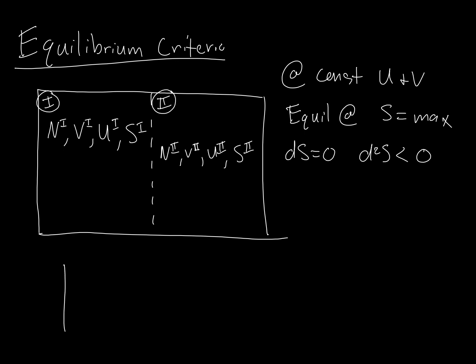So if you recall, when we were talking about the stability criteria, we have S as a function of any variable. It has to follow a shape that looks like this, where we know that this here is the equilibrium point.